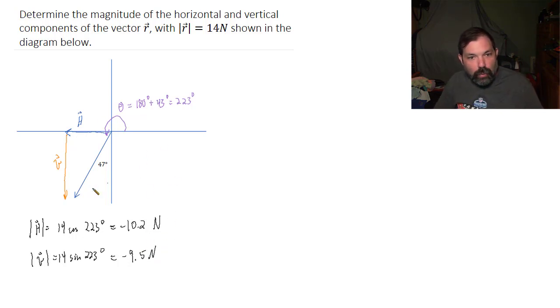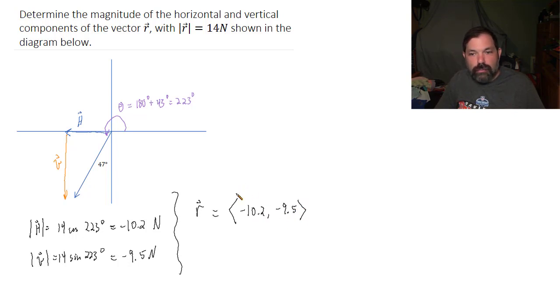All right, and so putting some ideas together, the r vector is the same as the standard vector negative 10.2, negative 9.5. And then again, we could think of this in terms of i's and j's.